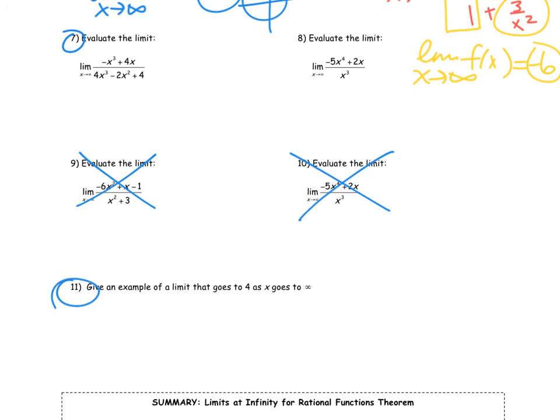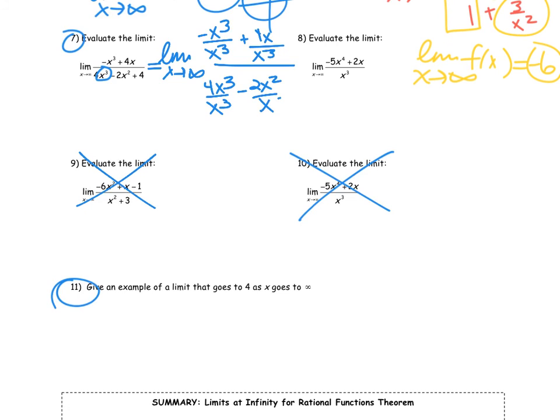So again, I'm going to divide everything out by the highest degree of the term attached. We have the limit as x approaches infinity of negative x cubed over x cubed plus 4x all over x cubed, all over 4x cubed over x cubed minus 2x squared over x cubed plus 4 over x cubed.